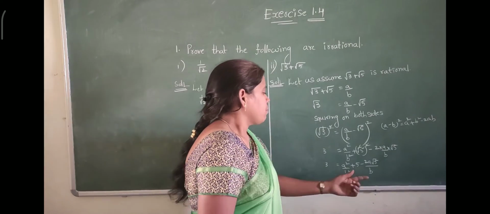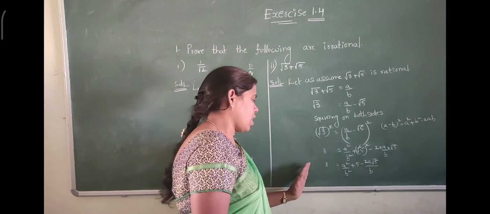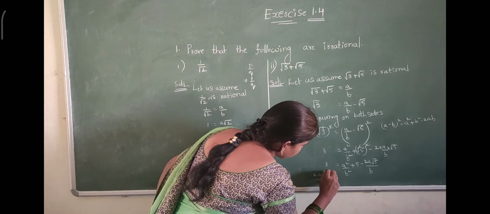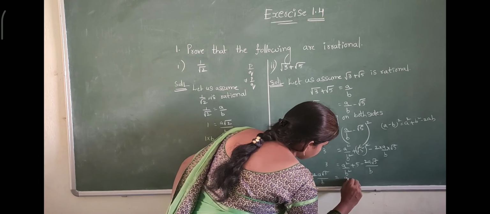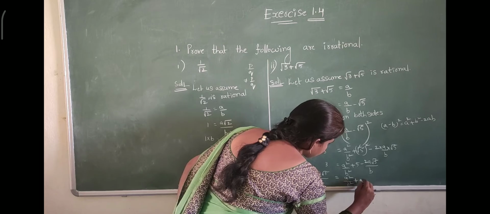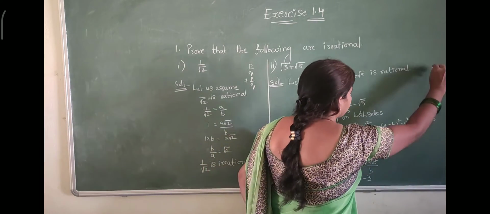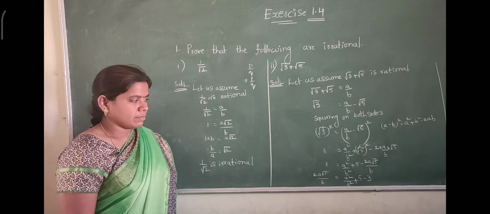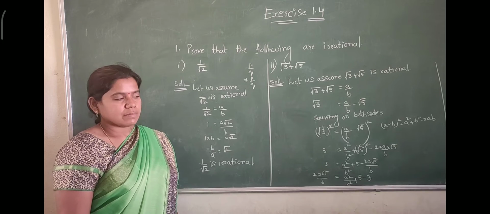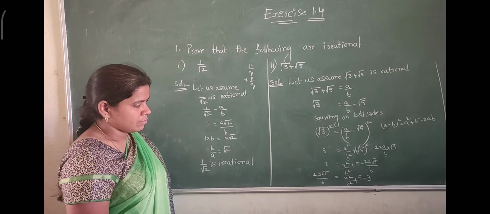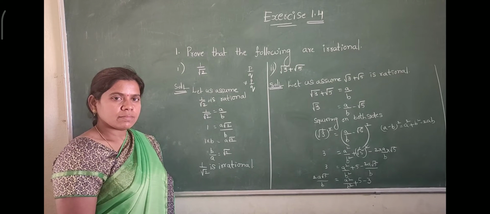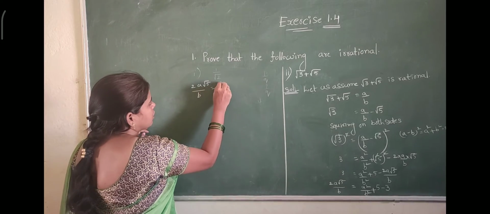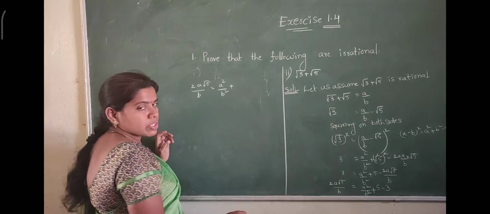If you transpose minus 2a root 5 by b to the RHS and 3 to the LHS, what will we get? 2a root 5 by b is equal to a square by b square plus 5 minus 3. 5 minus 3 is equal to 2.